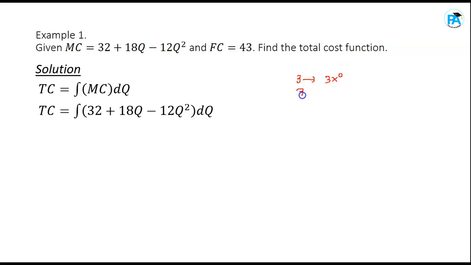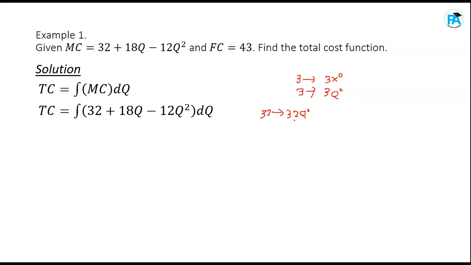Same thing, since this is with respect to q, 32 should be the same as 32q exponent 0. Are you following?